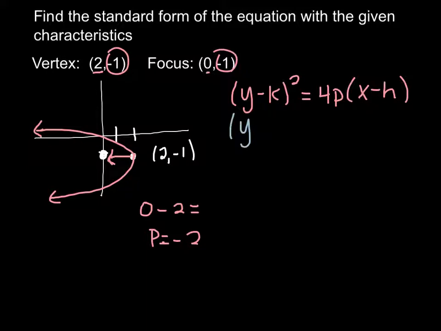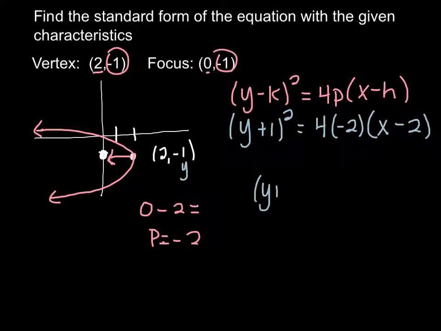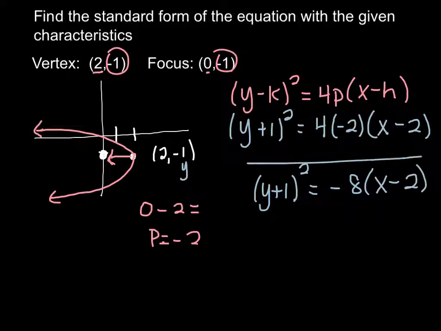Y and the opposite of y, so (y + 1)², equals 4. My p-value is -2. X and the opposite of the x value. When I simplify this out, I get (y + 1)² = -8(x - 2). There's my equation.